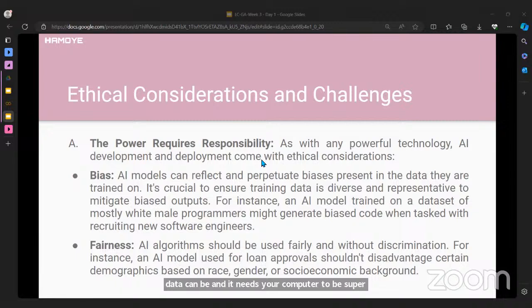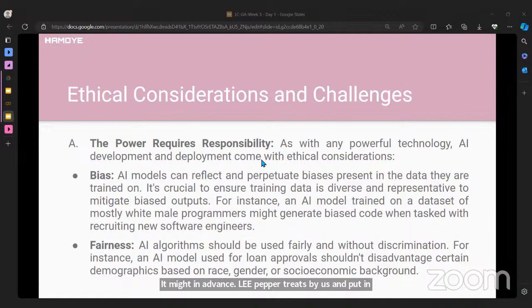So yeah, AI models learn from data, and if this data is biased, the AI output will likely be biased too. For example, if an AI is trained primarily on data from white male programmers, it might inadvertently perpetuate bias in coding tasks or recruitment processes.